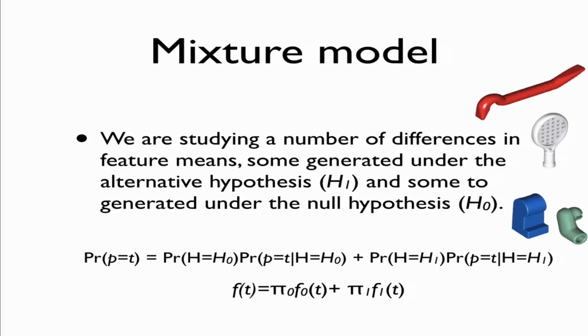So when we observe the probability at a certain threshold, it is actually composed of two different probabilities: the prior probability of being from the null distribution times the probability of this feature under the null hypothesis, plus the prior probability of coming from the alternative hypothesis times the probability of observing a value as high as the current p-value under this alternative hypothesis.